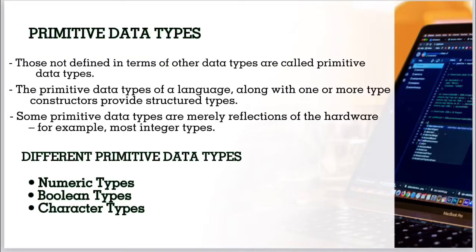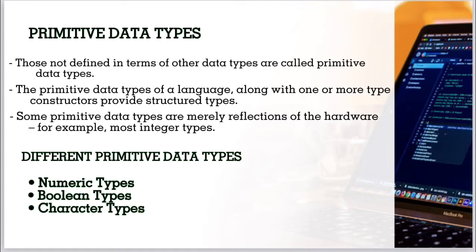The first one is the primitive data types. Those not defined in terms of other data types are called primitive data types. The primitive data types of a language, along with one or more type constructors, provide the structured types.